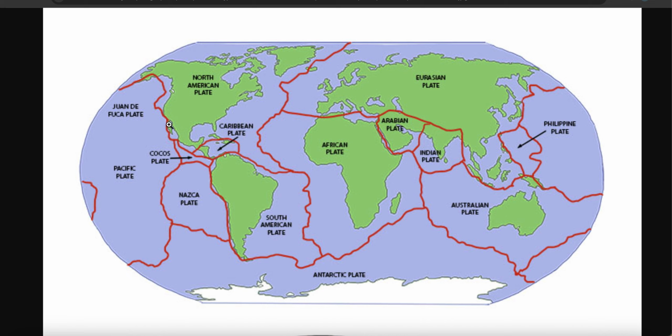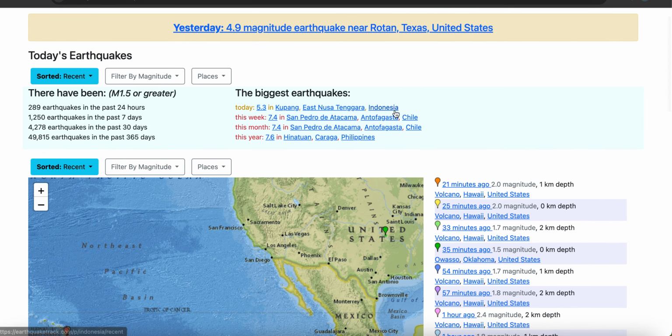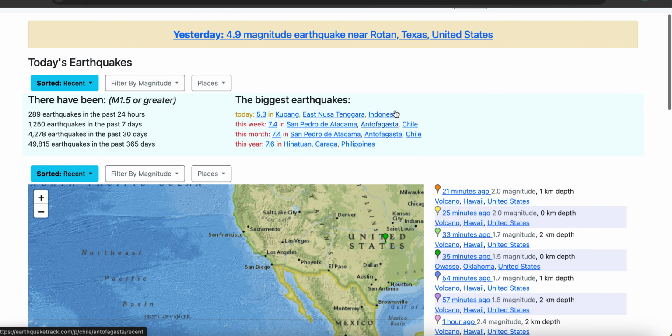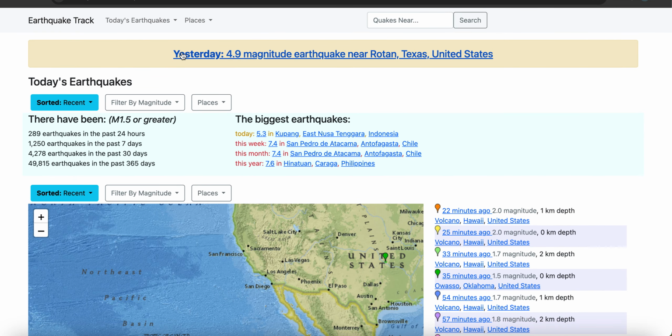But you do have a lot of seismic activity out here in California. One of my favorite websites to use is earthquaketrack.com, and I opened it up today to look at it. You usually see a whole bunch of earthquakes in California, but yesterday there happened to be an almost 5 magnitude earthquake in Texas, of all places.